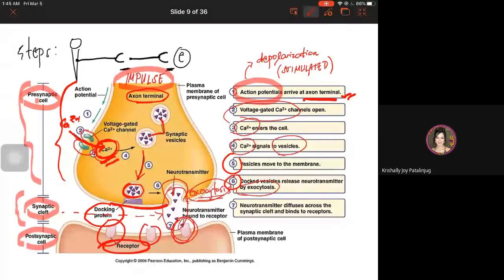Now please pakitake note, binding of neurotransmitters to the receptors, that is the evidence that we have na ang impulse, ang utos, nakarating na sa other structure, no? Nakarating na sa other neuron, 'di ba?